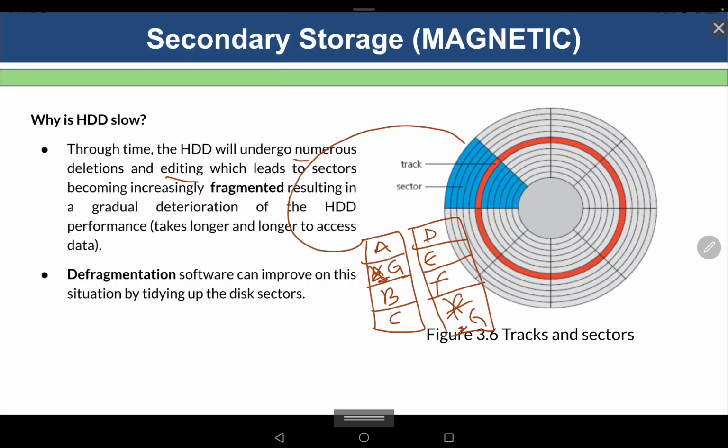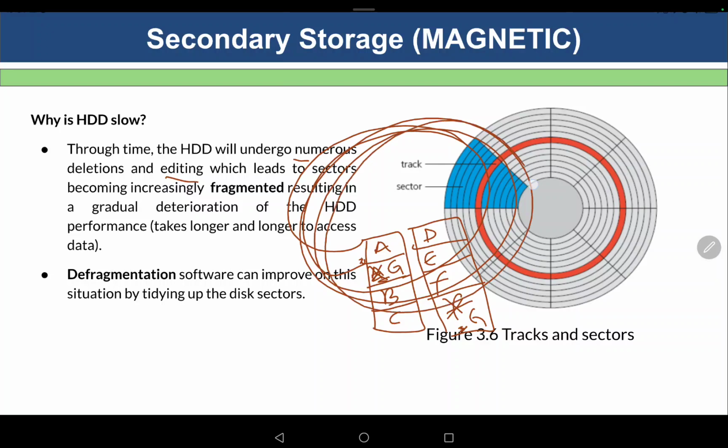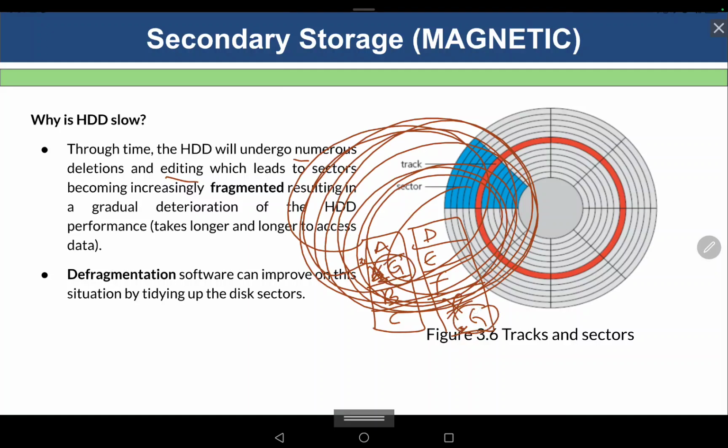So the read head has to go around so many times until it can obtain this G and G from the HDD. So this is what it means that the sectors lead to fragmentation. And because of that, it takes longer and longer to access data.